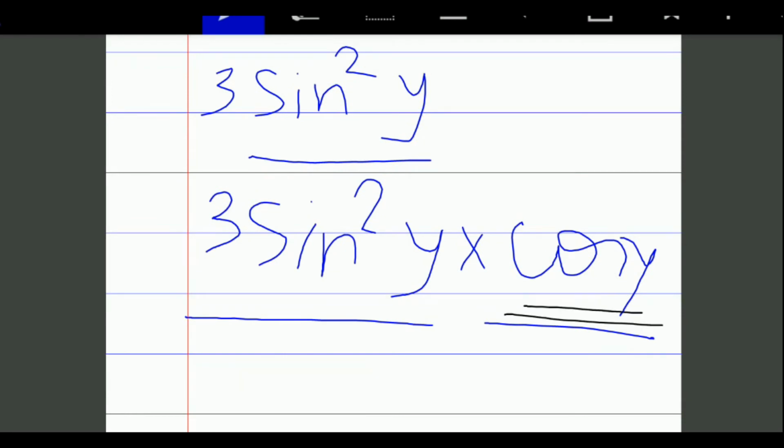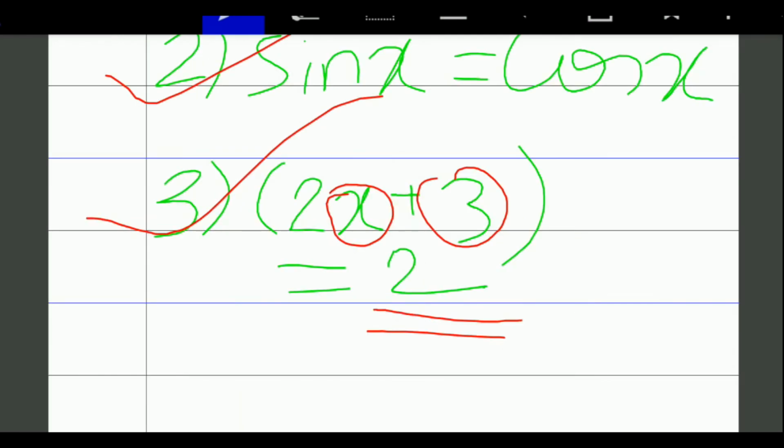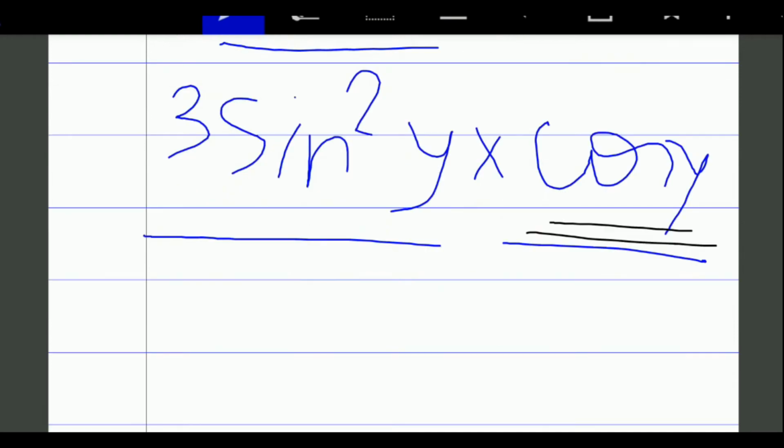And as you can see here, I have derived 2x plus 3, that is, the answer is 2. Now we will multiply this also with 3 sin square y into cos y.